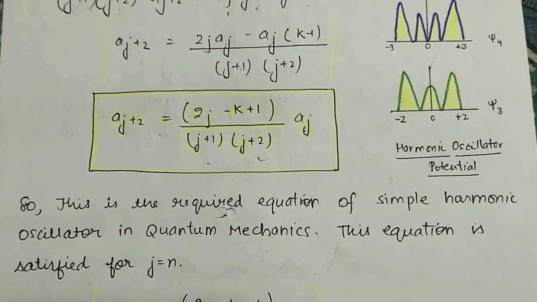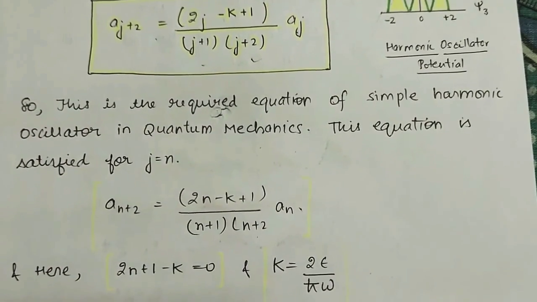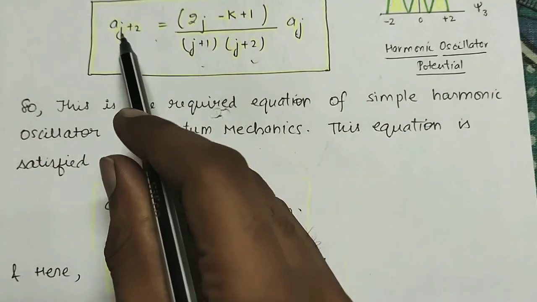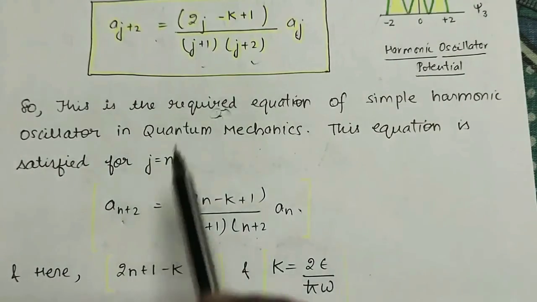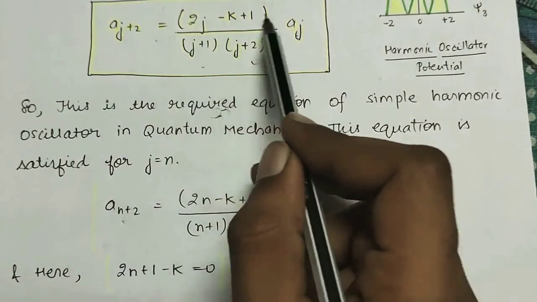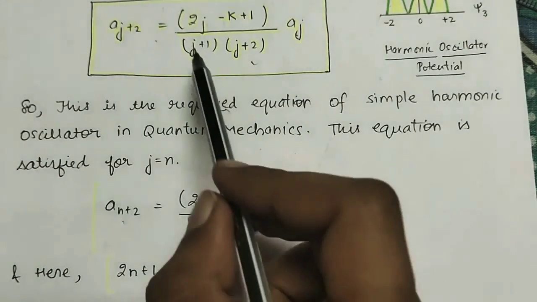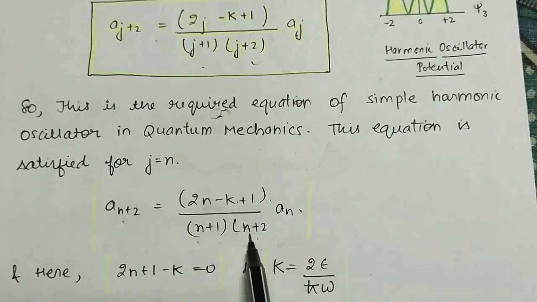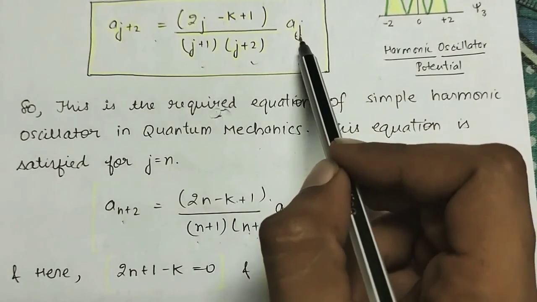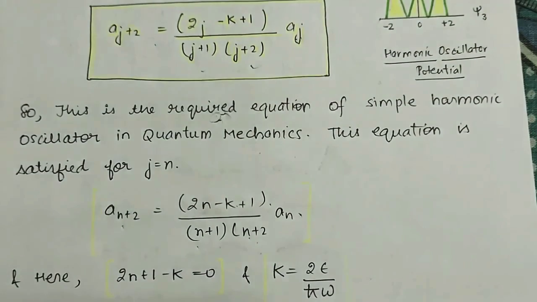This equation is satisfied for j equal to n. For j equal to n, a n plus 2 equals 2n minus k plus 1 over n plus 1 n plus 2 times a n.